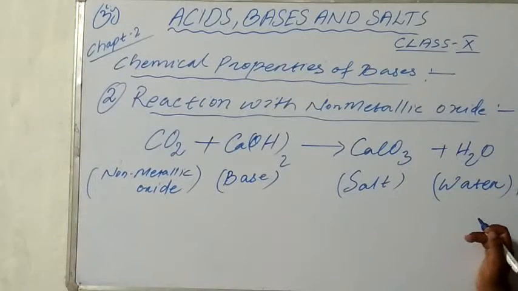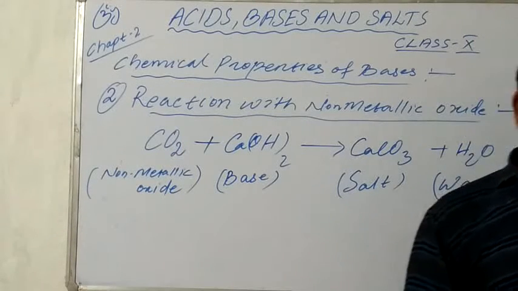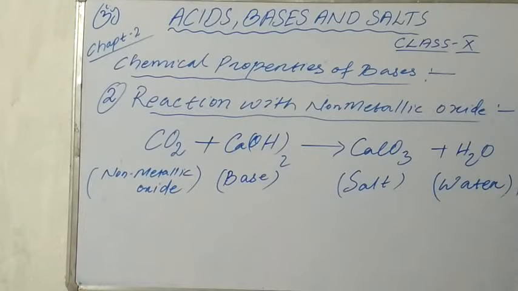So we get that a non-metallic oxide reacts with a base to form salt plus water. This is the example of reaction of non-metallic oxides with bases. So these are some properties we have discussed of acids and bases.